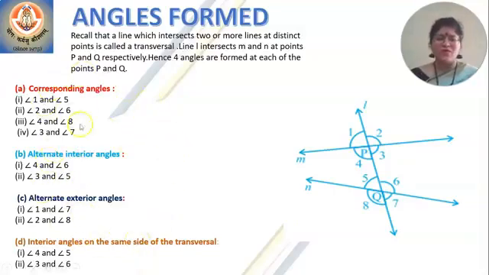You have come across all these terminologies: corresponding angles, interior angles, alternate interior angles, alternate exterior angles, and interior angles on the same side of the transversal. I want you to write this down in your notebook. Copy down this slide. It will help you when we are doing problems from exercise 6.2.